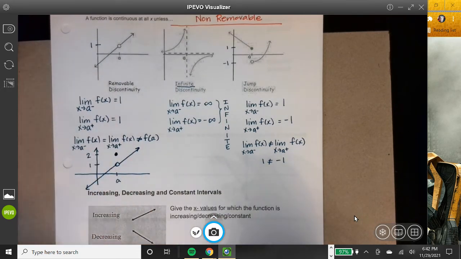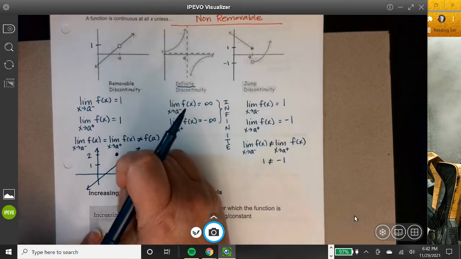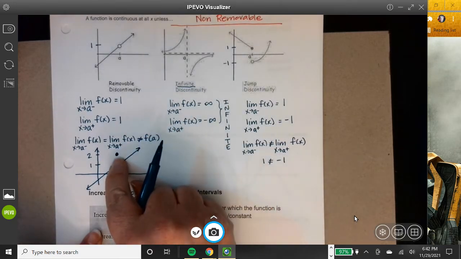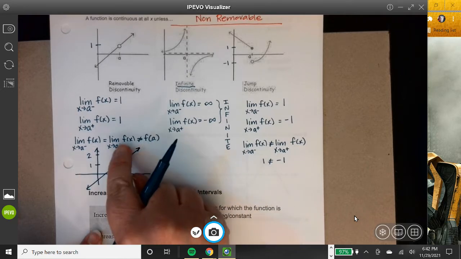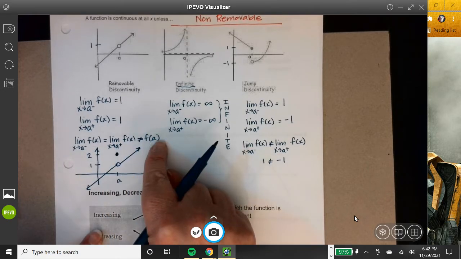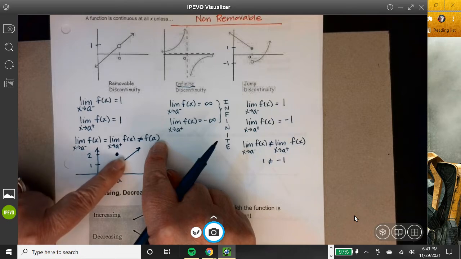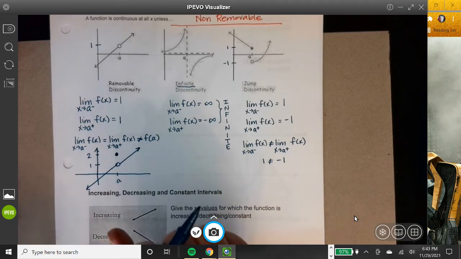This is also removable because it looks like I removed the point, but it's still not equal to f of A. Do you see that? So I would have 1 equals 1 is not equal to 2 here because that one is 2 because your function value is 2.